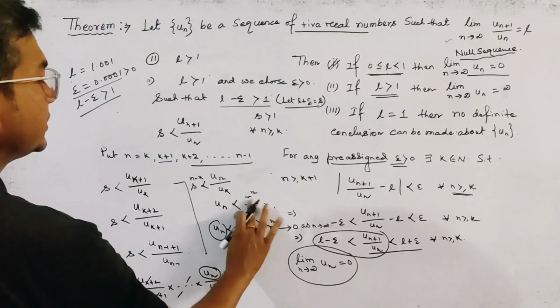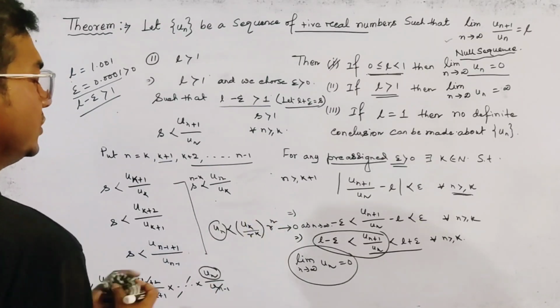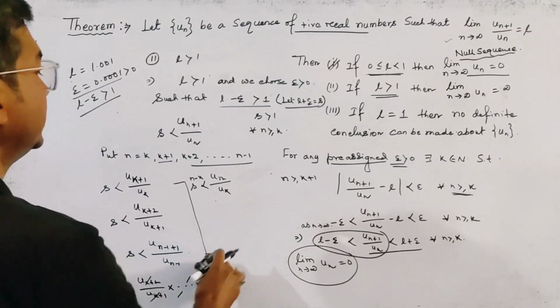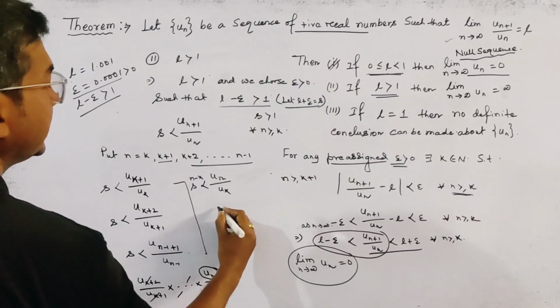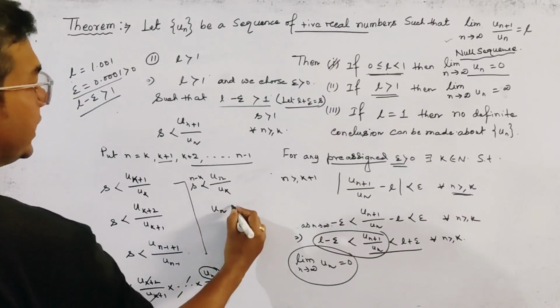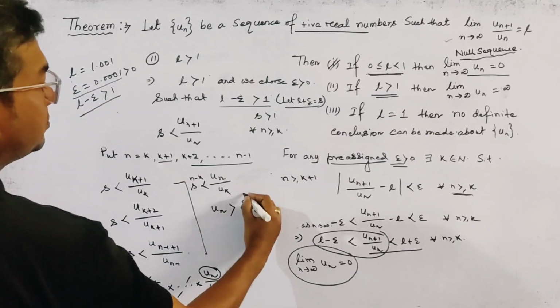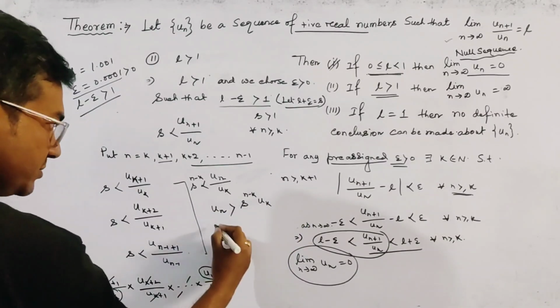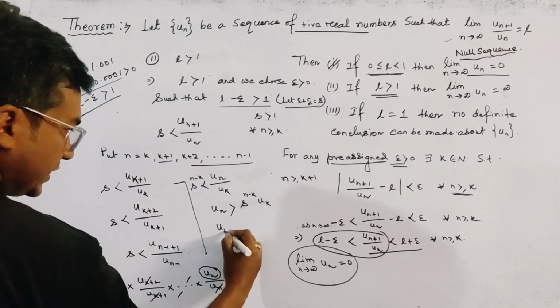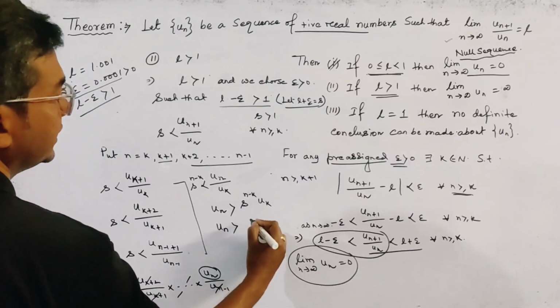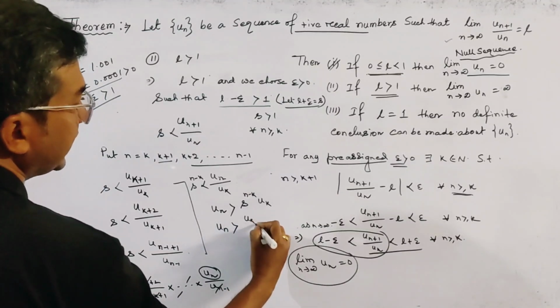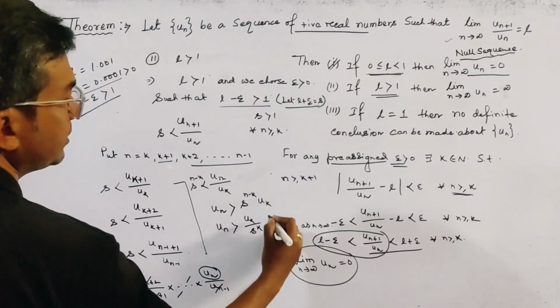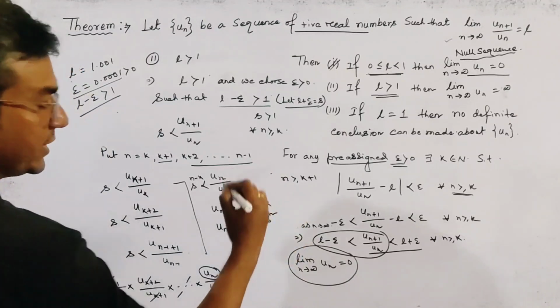So from this relation we write separately un greater than s to the power n minus k into uk, and similarly we write un greater than uk by s to the power k into s to the power n.